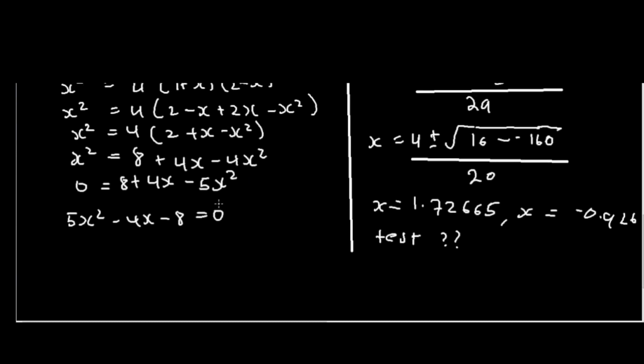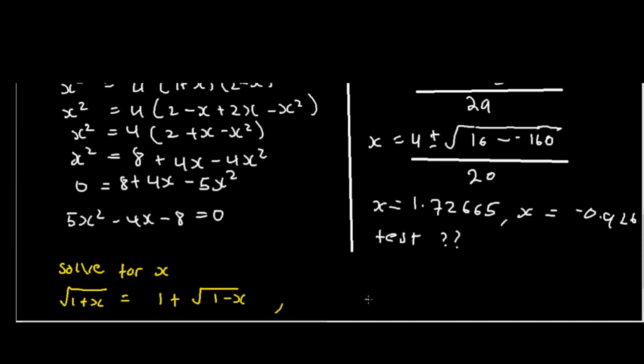And then let's have a few trivial questions. Number 1: solve for x, where the square root of 1 plus x is equal to 1 plus the square root of 1 minus x.